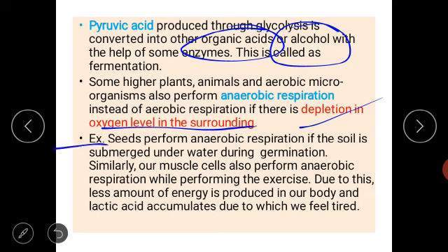Seeds of the plant perform anaerobic respiration if the soil is submerged under water during germination. In such a case, the seeds carry out anaerobic respiration.